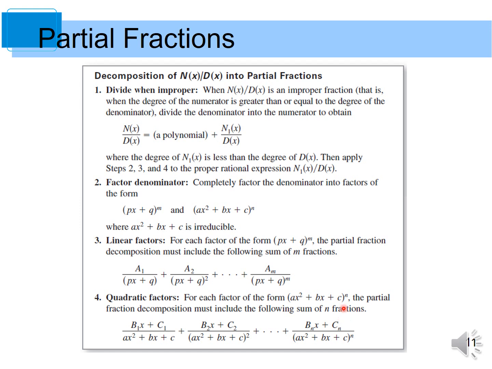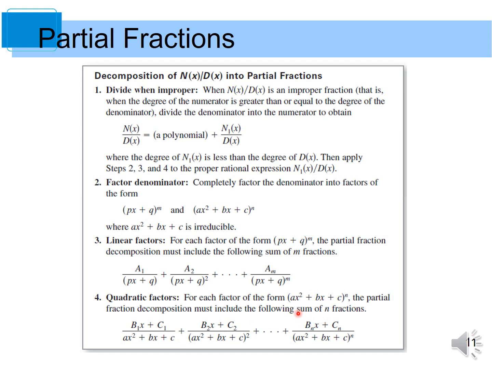If n is just 1, so it's not repeated, the partial fraction is b1x plus c1 over ax squared plus bx plus c.